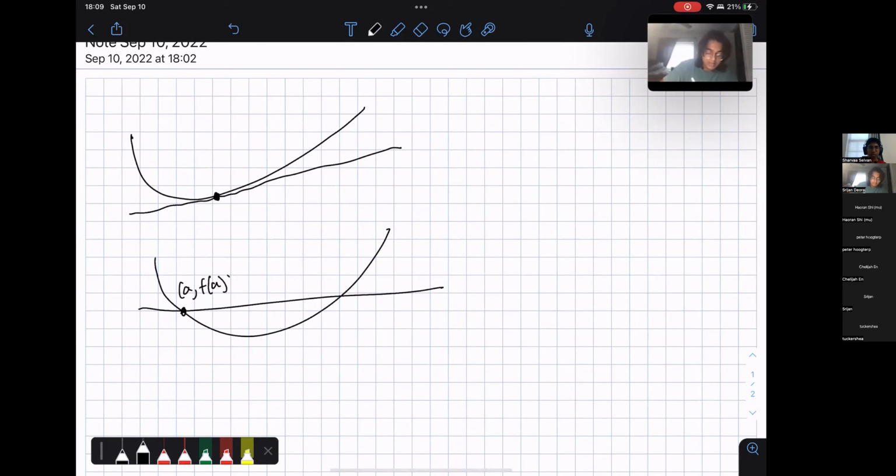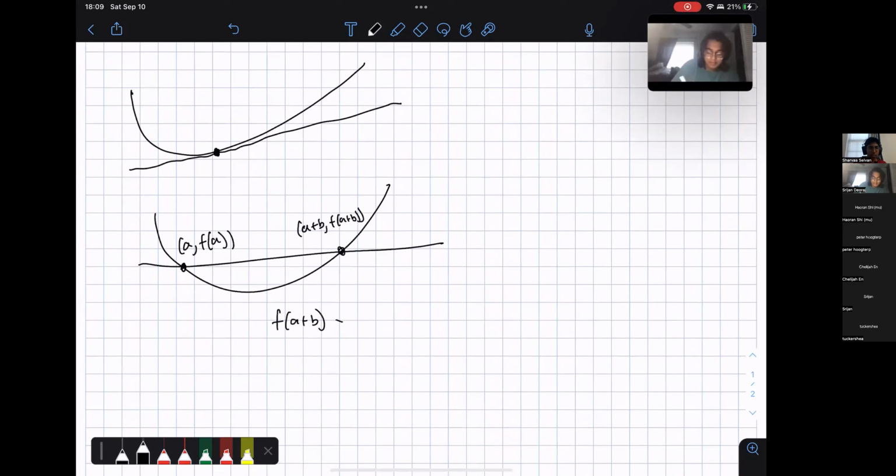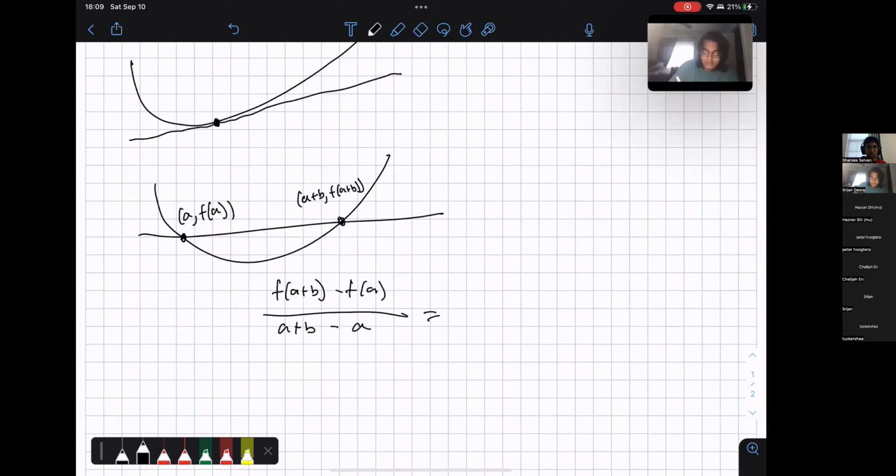We can calculate the slope of the secant line by doing f of a plus b minus f of a, over a plus b minus a. So this is equal to f of a plus b minus f of a, over b.